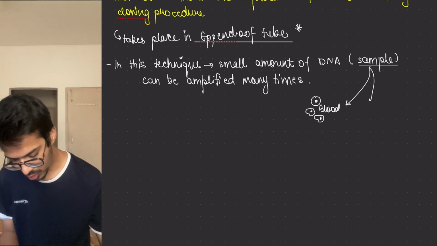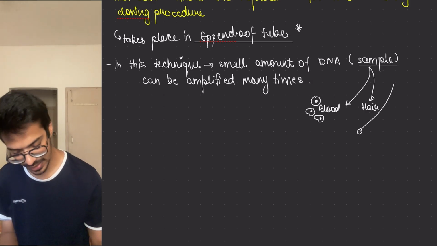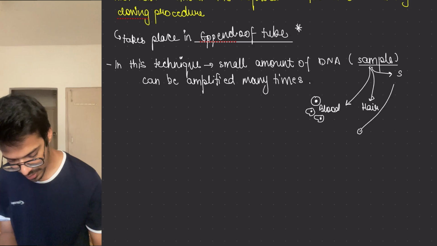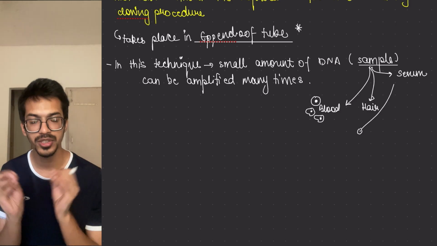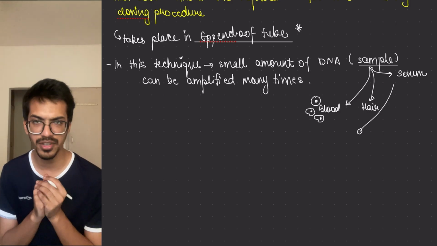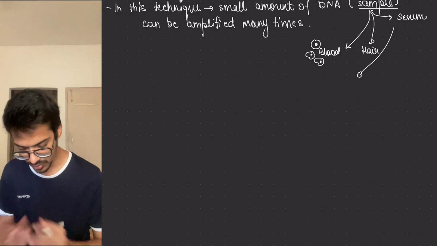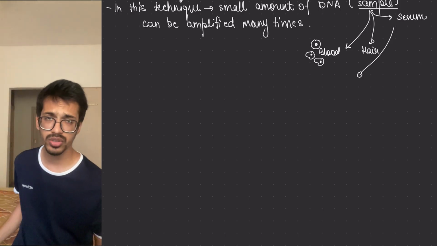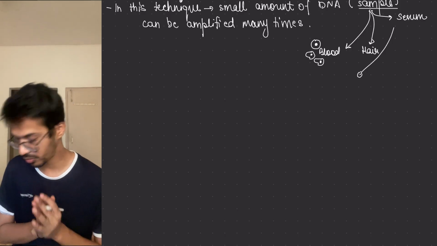If not blood, then hair. The hair cell is like this. If not, then we have serum also, because in body serums there are cells present. Certain fragments of the cells of the body are also present, so we can get it from there. It could be the sample, and it could be a probe also for DNA fingerprinting. There we call it a probe.